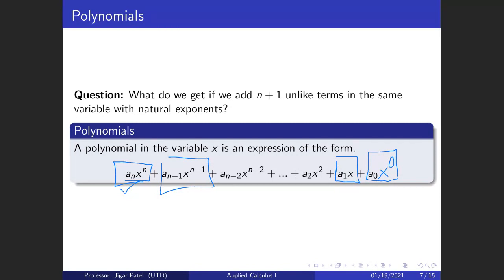All right. It's a leading term. The highest x power term, it's called the leading term. All right, this is the term that leads the entire polynomial. It's a dominating term. Okay, the term that doesn't have x in it, we call it constant term.